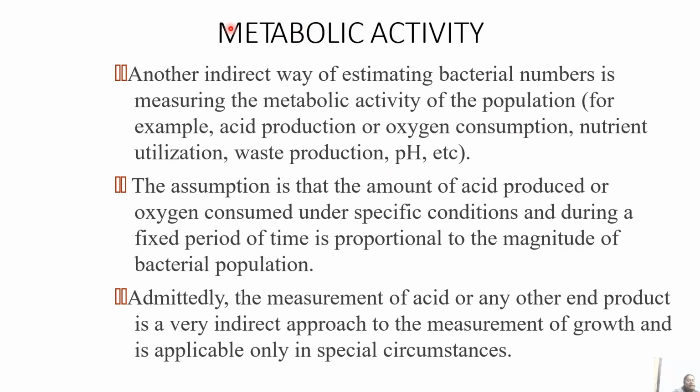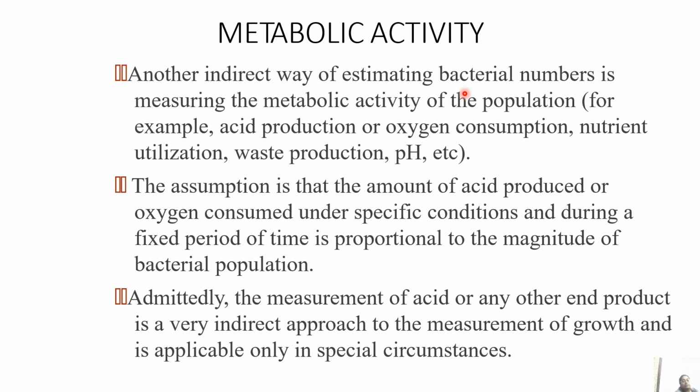Now, another indirect way of estimating bacterial numbers is measuring the metabolic activity of the population. For example, if you want to figure out the percentage of live bacteria, the best way will be to figure out the metabolic activity of the bacteria, because only live bacteria will contribute to the metabolic activity.